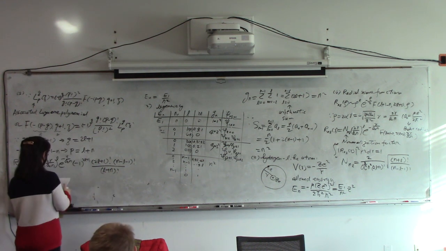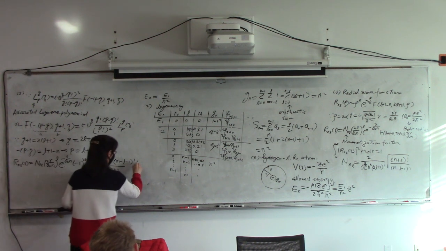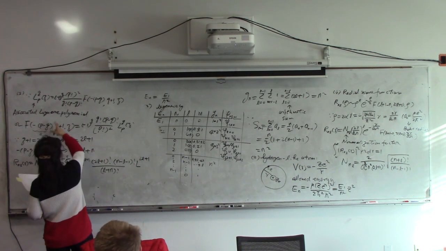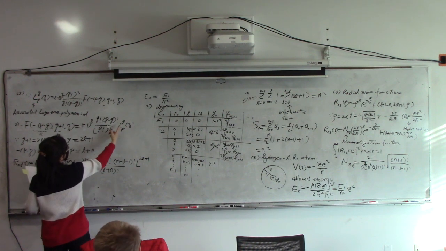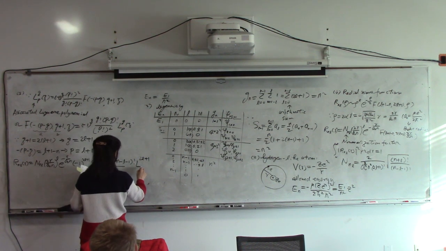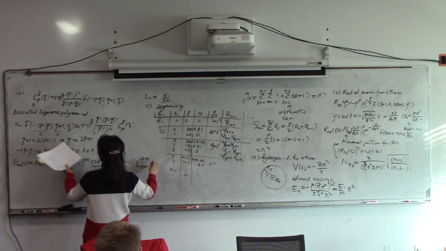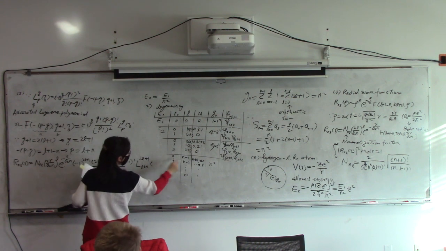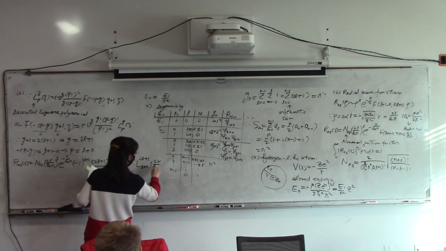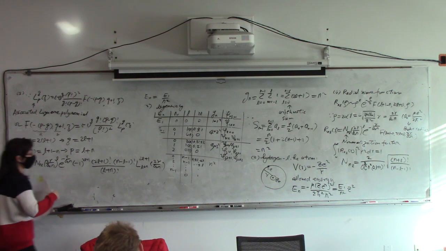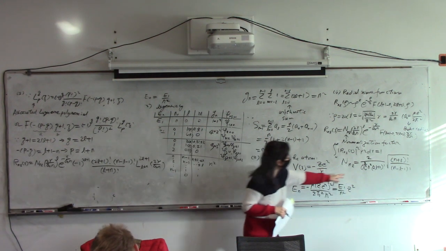Sorry. Okay. Then the associated polynomial has a 2L plus 1, which is q, right? And then p is L plus N. Then the variable is here, that is 2R over N, right? And now, if you remember, we also have the factorial here.